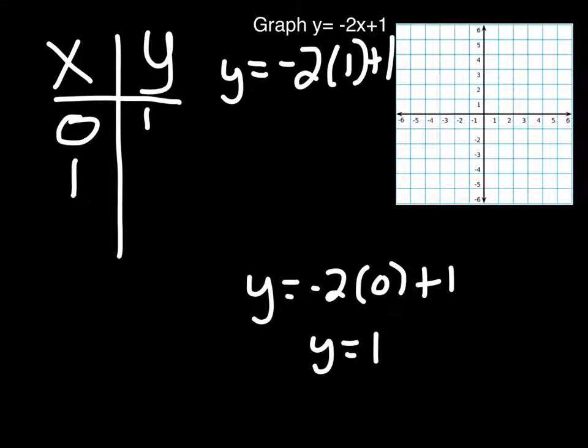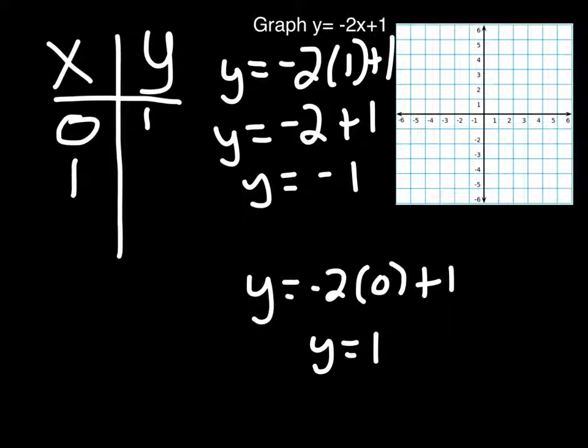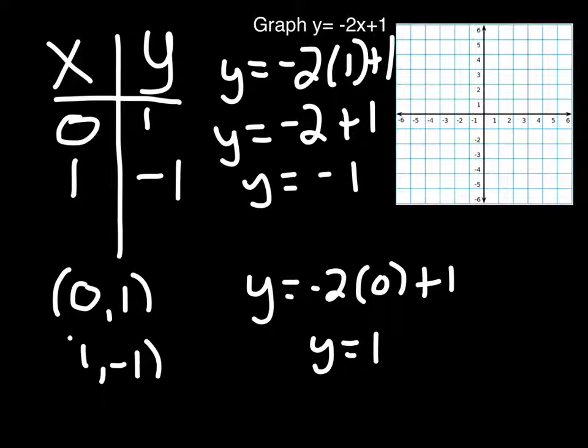Then I just need to solve and see what I get for y. y will equal a negative 2 times 1 is a negative 2, plus 1. y equals a negative 1. So when x is 1, y equals negative 1. Now I have two ordered pairs. I have 0, 1, and I have 1, negative 1.